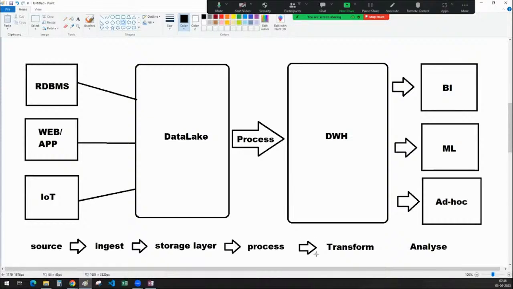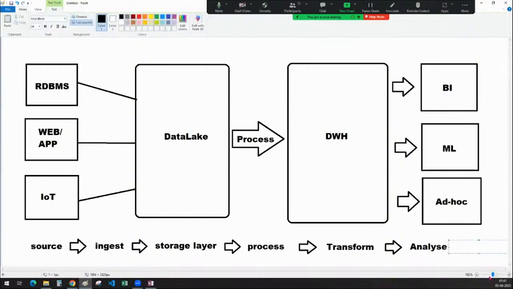You do some transformations on top of it, and you try to analyze the data to improve your business. So this is what is called a data life cycle. In a data life cycle, collecting or ingesting the data and storing the data, processing or transforming the data, and finally analysis, or you can also say dashboards, report creation, reporting.